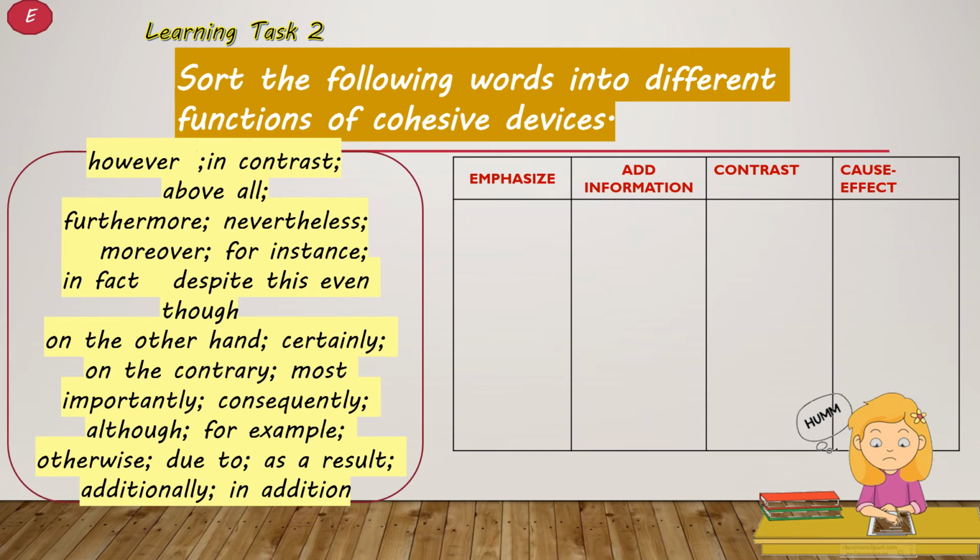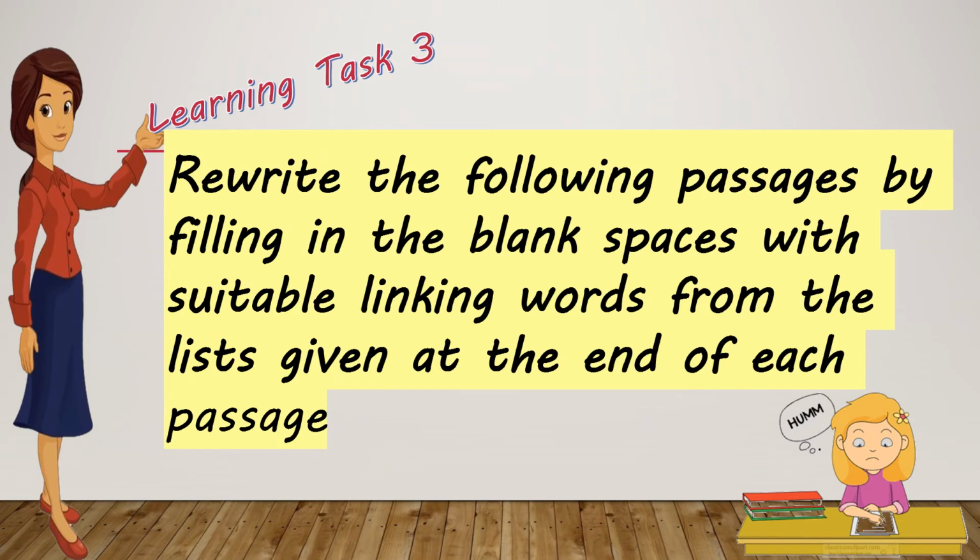Also in here, you have to sort the following words into different functions of cohesive devices as to emphasize, add information, contrast, cause, and effect. And for learning task 3, you are going to rewrite the following passages by filling in the blank spaces with suitable leading words from the list given at the end of each passage.